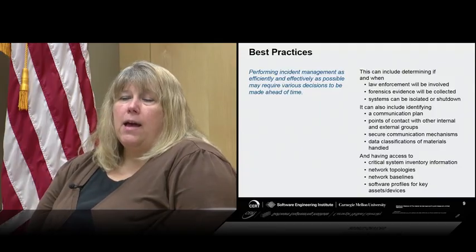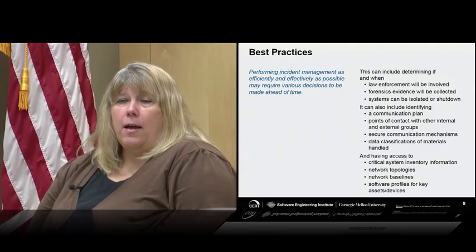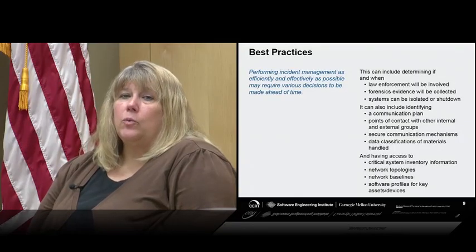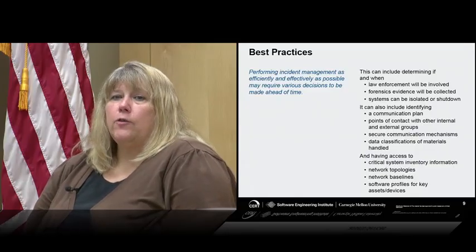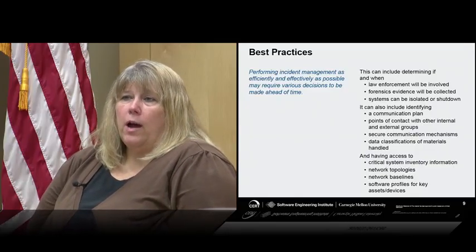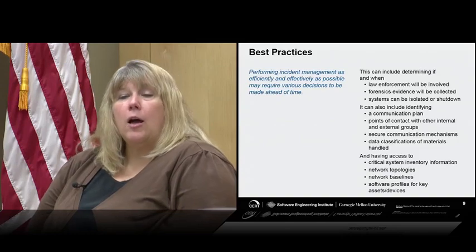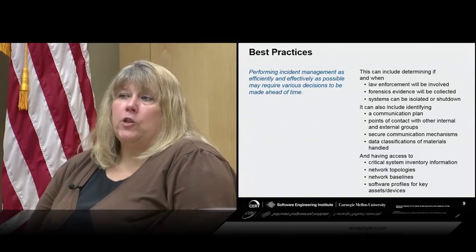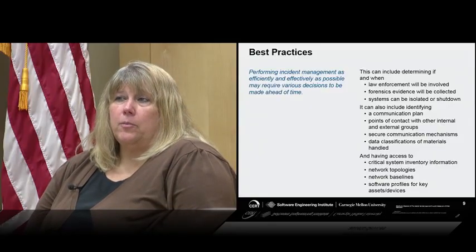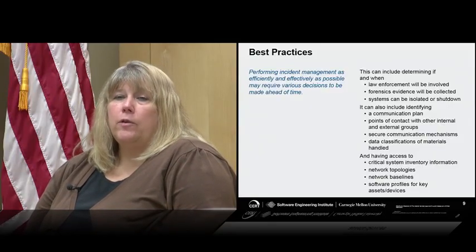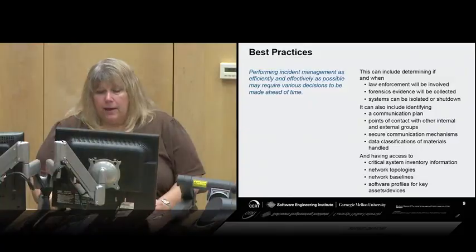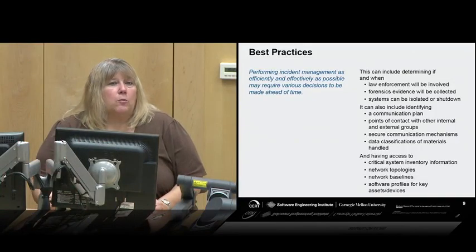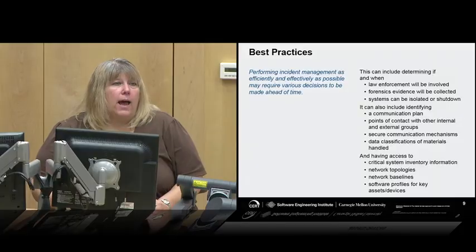Also, as I mentioned, have any media to rebuild systems if needed, if they've been damaged or destroyed, especially if an intruder has been on a system for a long time and you're not sure what has been changed. Can you rebuild that system? Do you have processes in place to review and vet any data that was on those systems? Those are some of the decisions and resources to have in place to help you perform incident management.